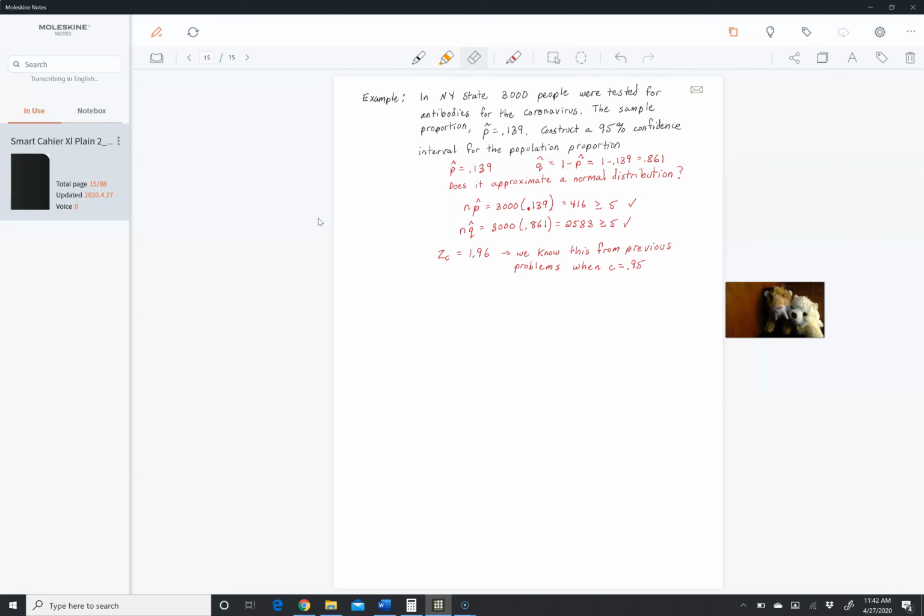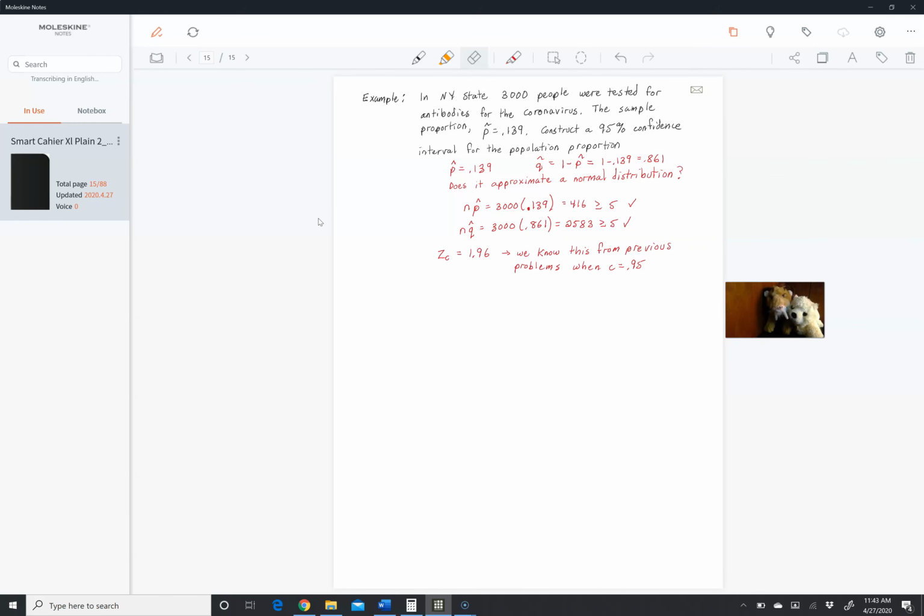Now, if you're on a test, you can always say that you know it from previous problems. But for the very first problem that you see, you should calculate it. You should go through what we did before, where we said that c is equal to 0.95. So 1 minus c is 0.05. You divide that by 2. You're looking up 0.025 in your z-score table in order to find that z-score.